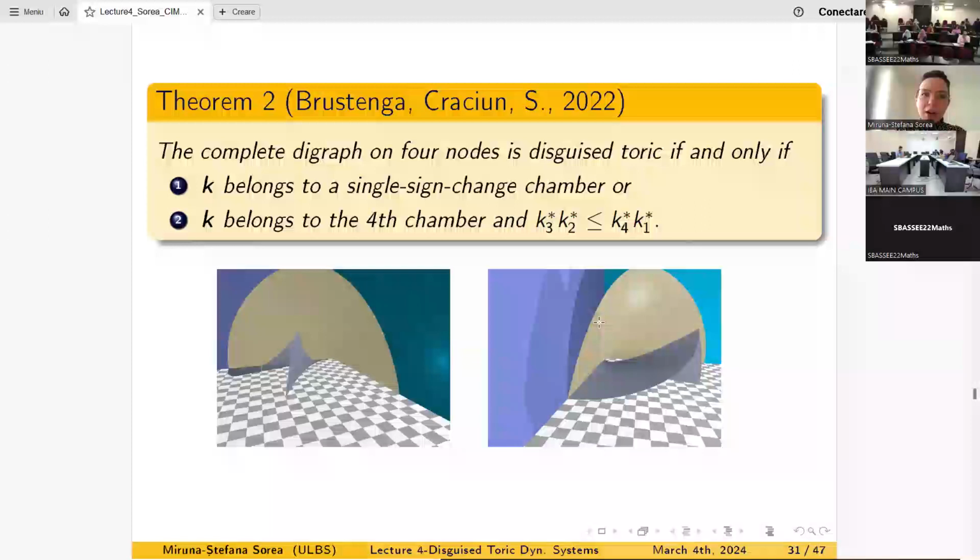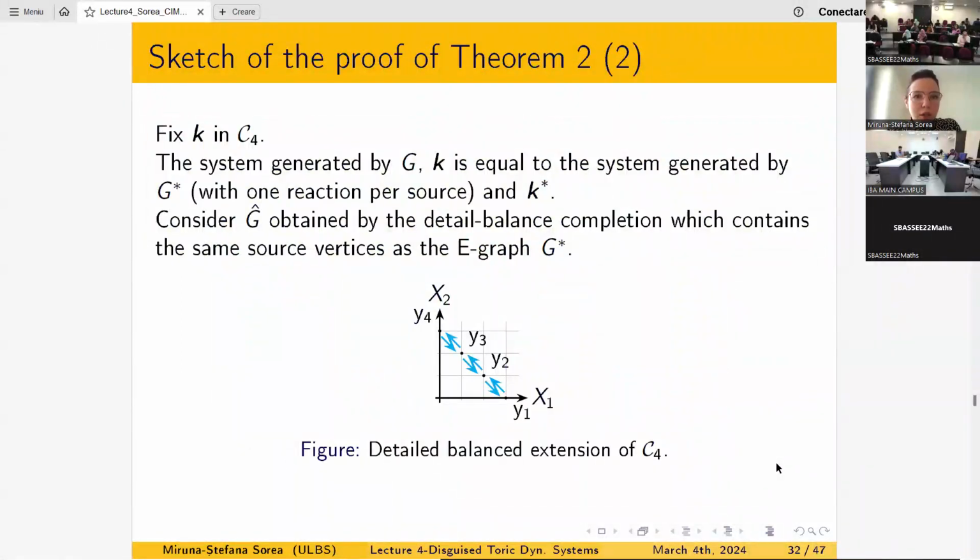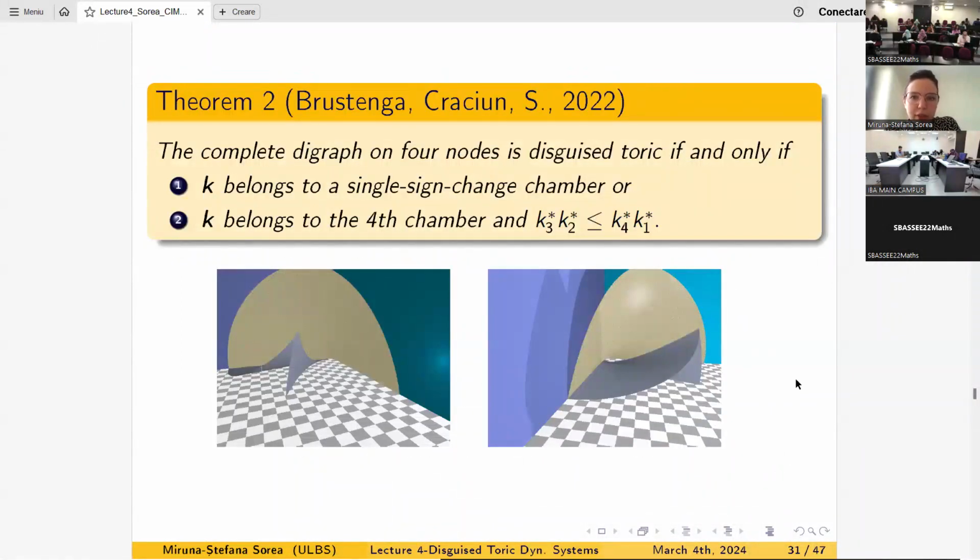But for us now, coming from this example, the disguised toric locus comprises all the points above it and on top of the beige surface, so positive Lebesgue measure. This is an improvement for the parameters that we are now sure give rise to nice dynamics. Later we'll see what this gray surface is.